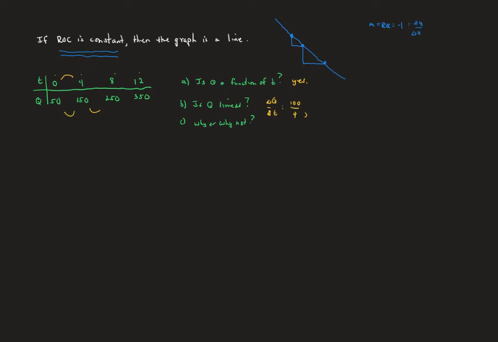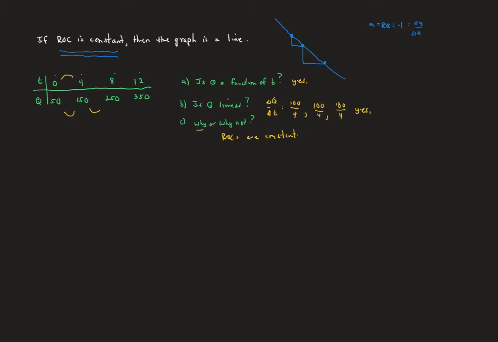On the second one, 250 minus 150 is also 100, and 8 minus 4 is also 4. And likewise, you can see on the third one that all of the rates of change are the same, and so that is why we know it's going to be linear. And the why is because the rates of change are constant. That's a definitive characteristic of a line.